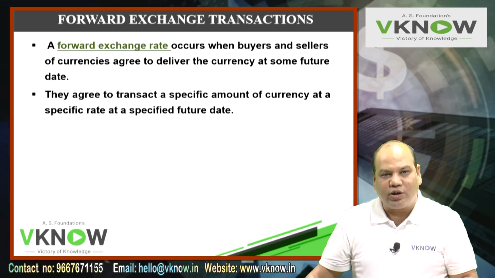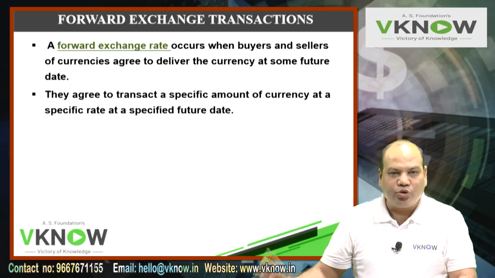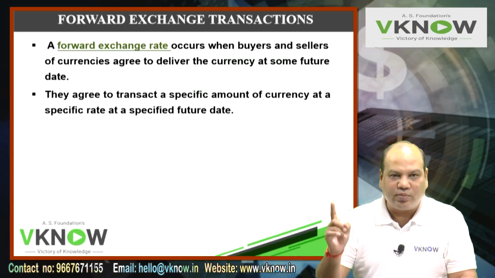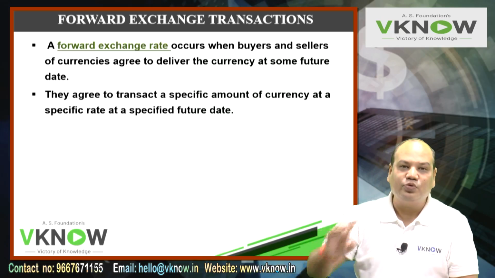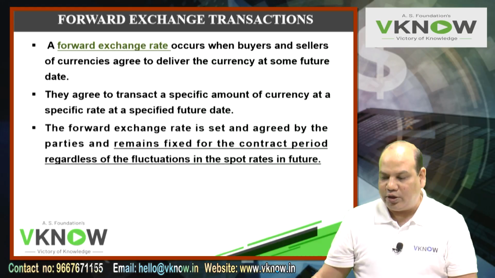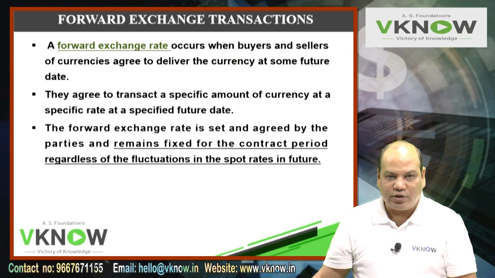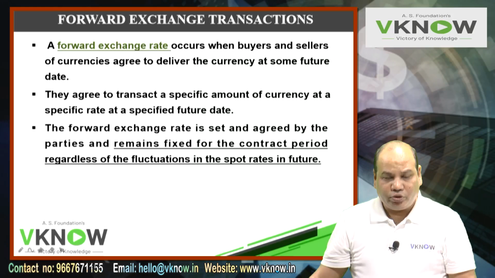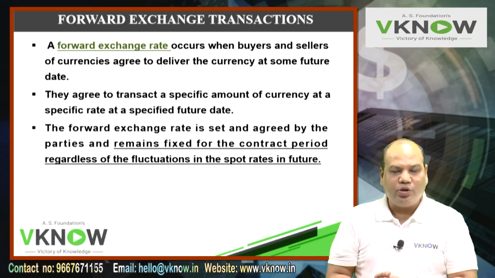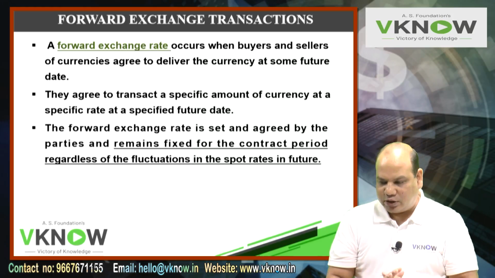So today only they will enter into a contract to exchange a specific amount of a specific currency on a specific future date. So the rate is already fixed in advance. Actual delivery of foreign exchange and home currency will take place at a future date. So if you are using a forward contract for hedging purpose, this is a very good instrument. You will lock the rate well in advance.